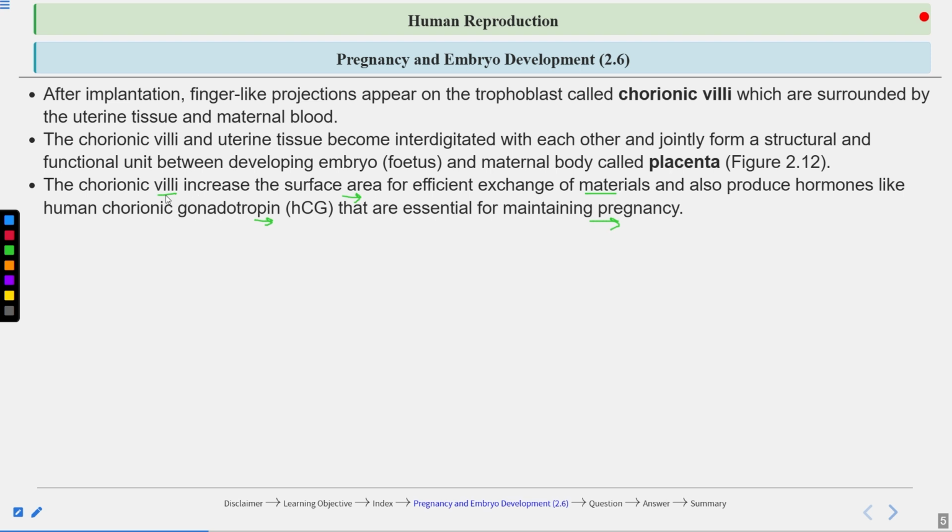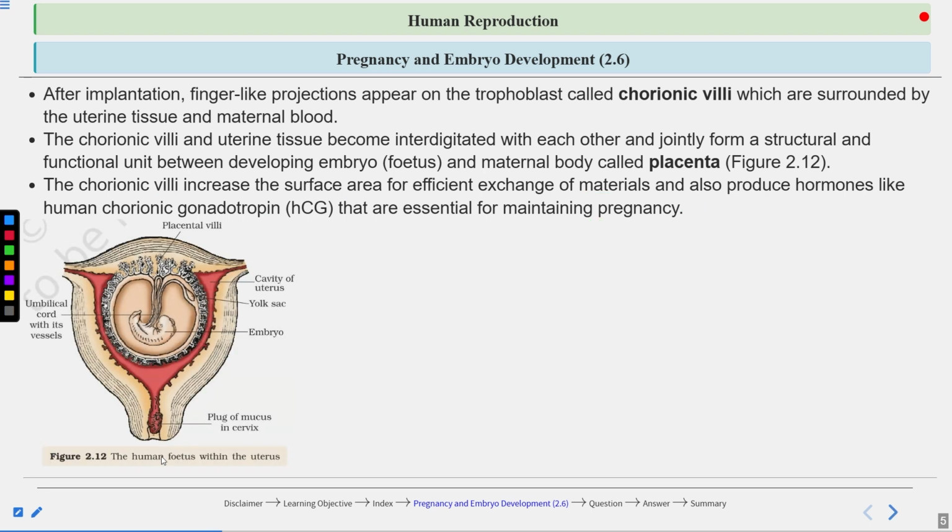First, let's talk about the function of chorionic villi. They increase the surface area for efficient exchange of materials between the fetus and the mother, and they also produce hormones like human chorionic gonadotropin. This hormone is essential for maintaining the pregnancy.